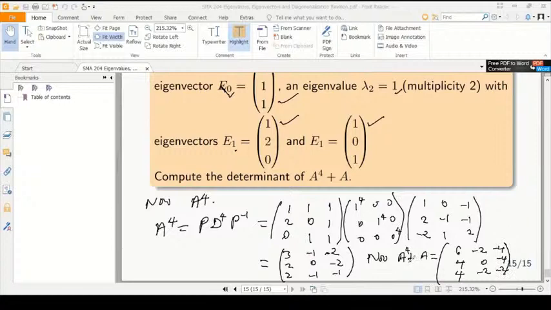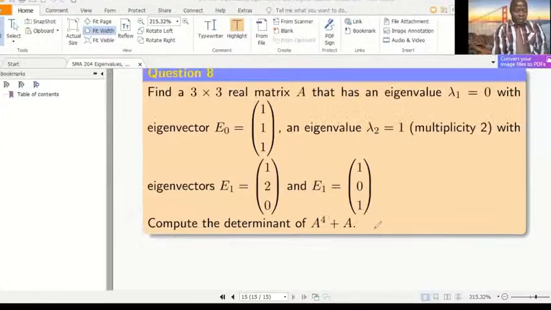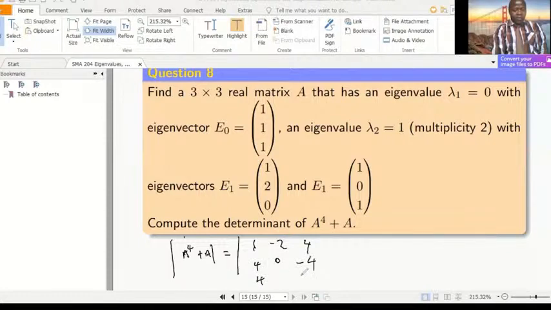But what the question wants, of course, is the determinant of this sum. The sum of A raised to 4 plus A is the same as 6, negative 2, 4, and then 4, 0, negative 4, and then 4, negative 2, negative 2.